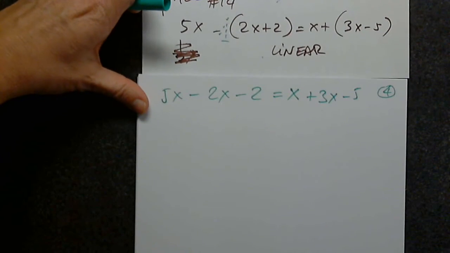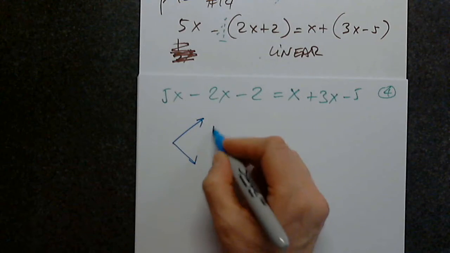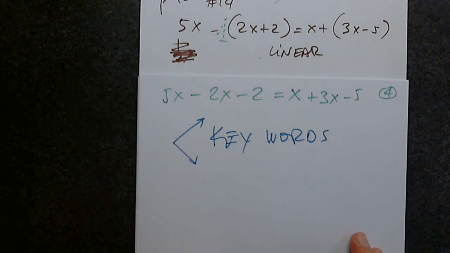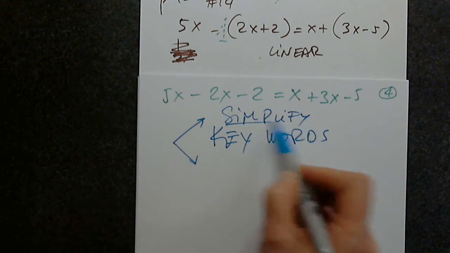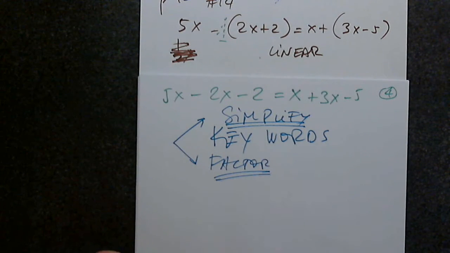I want you to write down 2 important keywords that, if you decide to agree with me and follow my request of a notebook just for important information, you will put. Keywords in algebra. Simplify is one. Factor is the other.